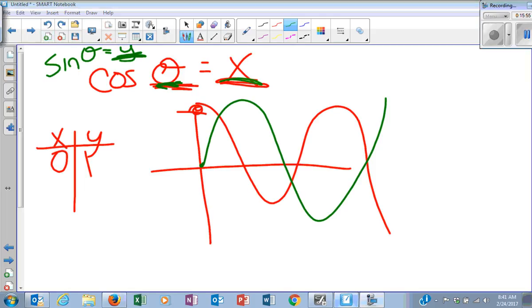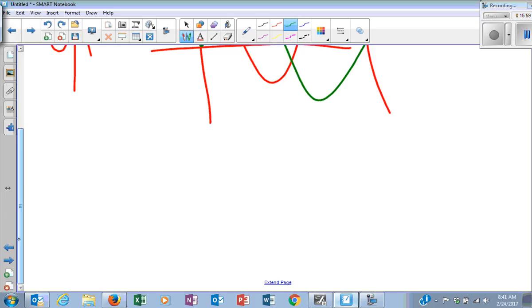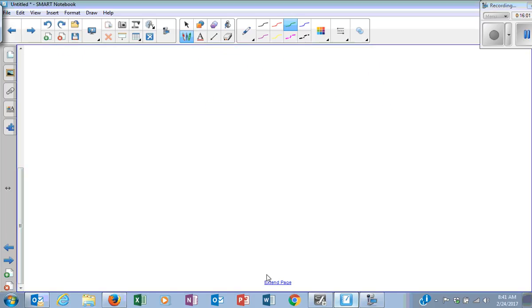Alright, so what we're going to talk about for the next section is you can have sine of theta plus 2. But we've already done some of this. I told you it's going to be the same ever since the beginning. What happens when you do that?